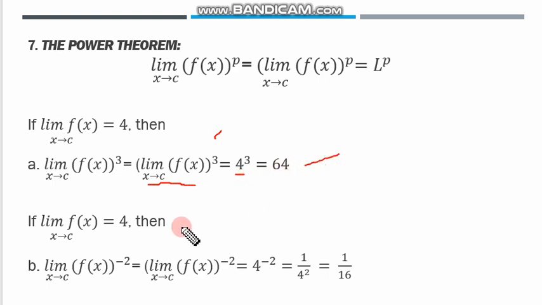Another one, the limit of f of x as x approaches c is equal to 4 again. So the limit of f of x raised to negative 2 as x approaches c. 4 raised to negative 2. So the answer is 1 over 4 squared, which is equal to 1 over 16.